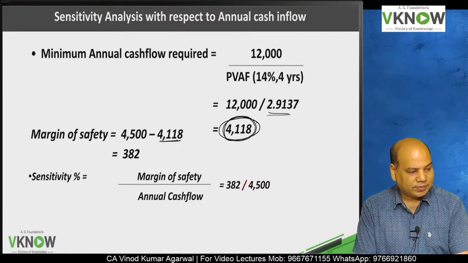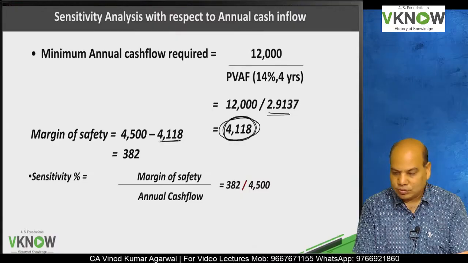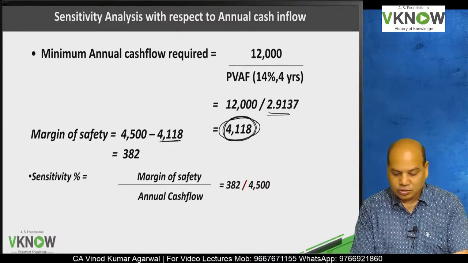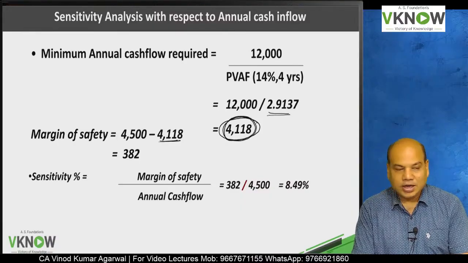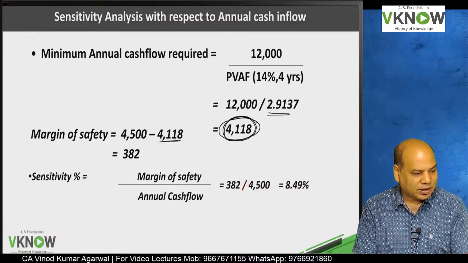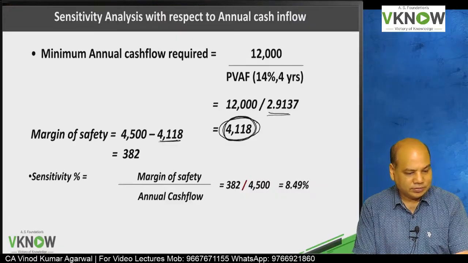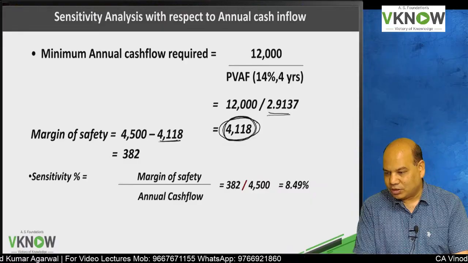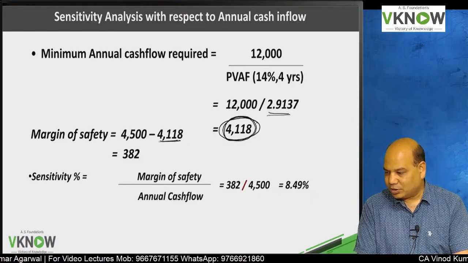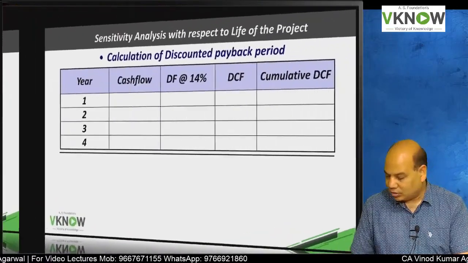Change upon base: change 382, base 4500, into 100. Therefore, the answer is 8.49%. Is it right? Just confirm. 8.49% is right. Very good.